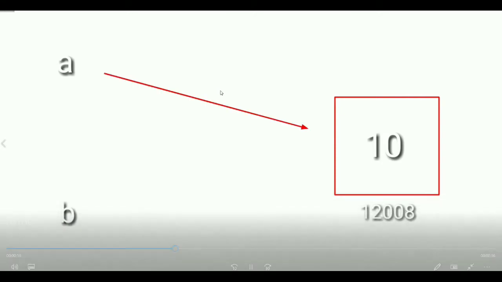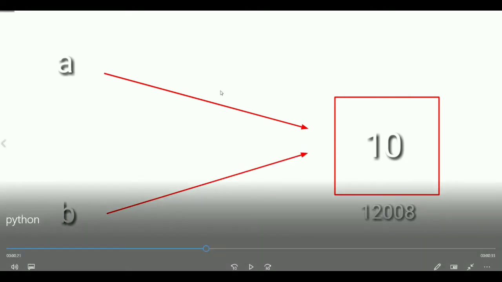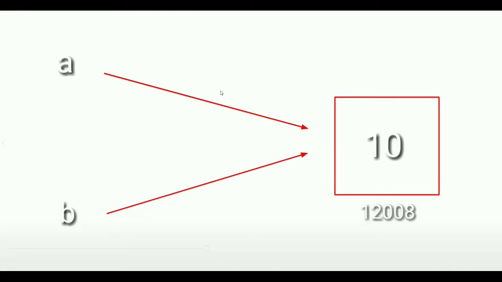So a will point to 10 as well as b will point to 10, because both a and b have the same value 10, so both a and b will point to the same address. We all can see how much space is being saved by this particular concept.